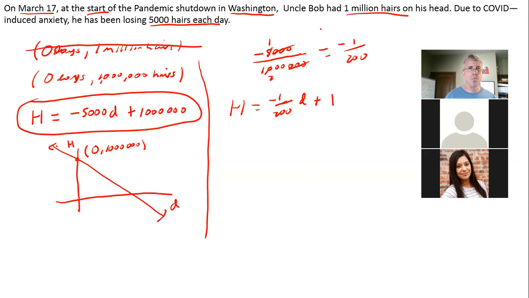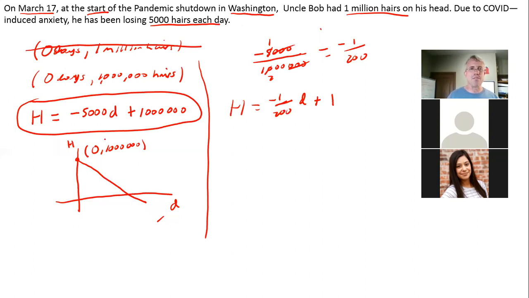So if you go to the left of the vertical axis, what's the issue with the days over here? It passes 0. Yeah, they're negative days. They don't make sense. So that part of the model would make no sense. He started losing hair when the thing started. So I can't draw this part of the graph. It doesn't make sense in the context of this problem.